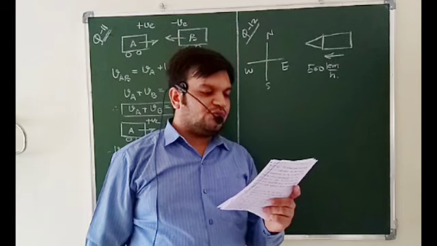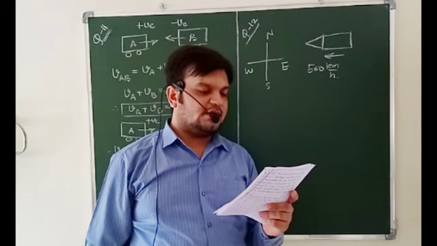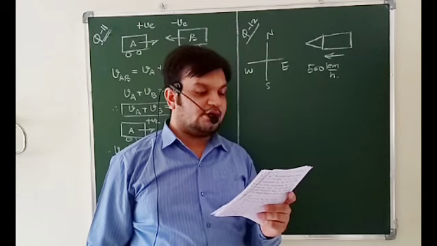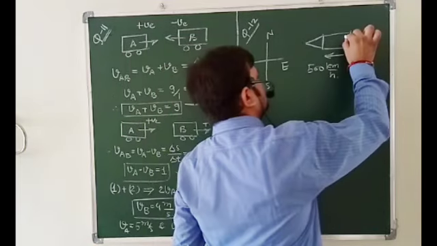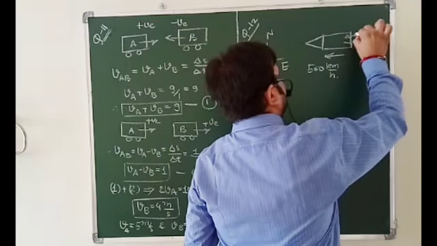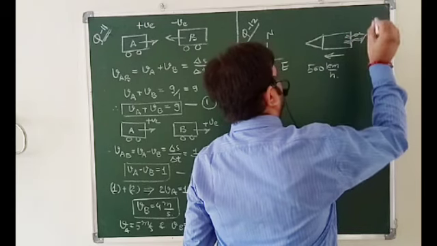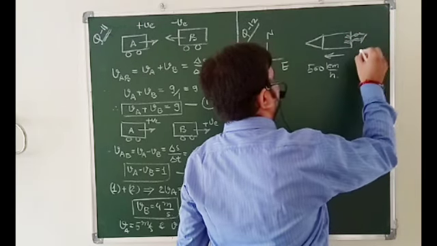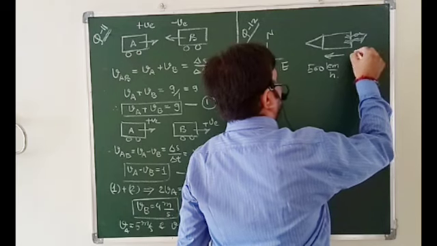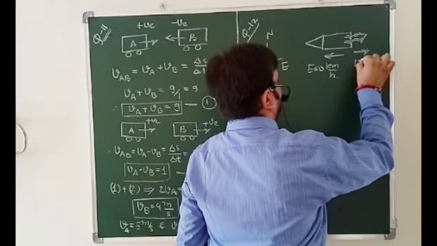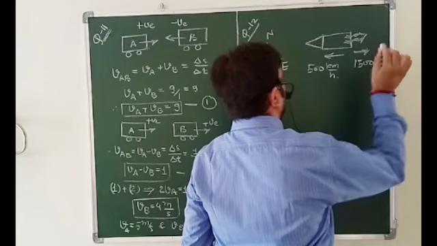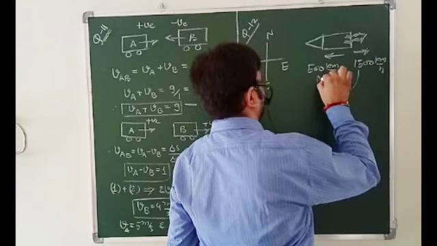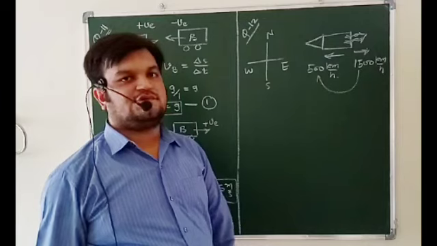Now it ejects gases of combustion at a speed of 1500 km per hour with respect to the jet plane. So the gases of combustion come out from the jet plane and have a velocity of 1500 km per hour with respect to the velocity of the jet.